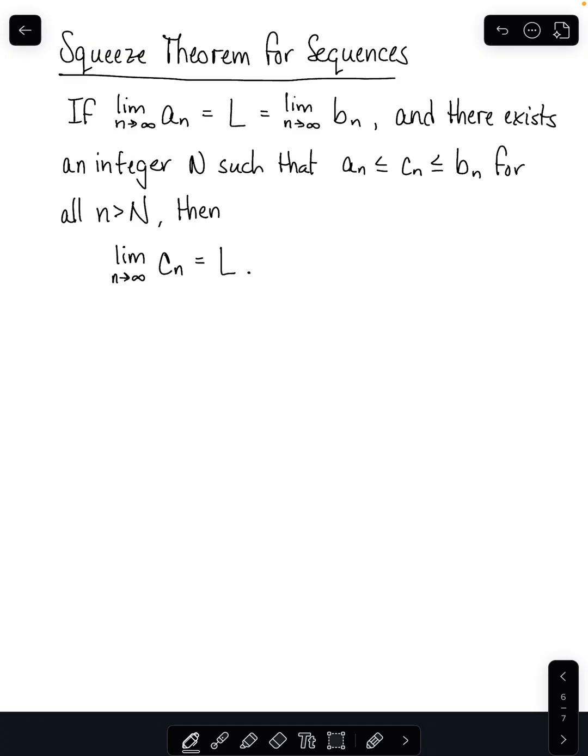Now, what on earth does all this say? First of all, let's deal with that big N and the little n. The idea of looking at the limiting value of a sequence is not what it's doing in its first few terms, it's what it's doing far out in the sequence. That's why we look at the limit as n approaches infinity. For example, we had a sequence earlier that actually started by getting a little bit bigger at first before it started getting smaller.